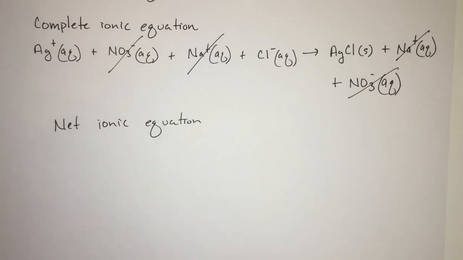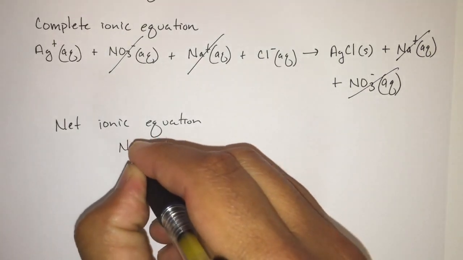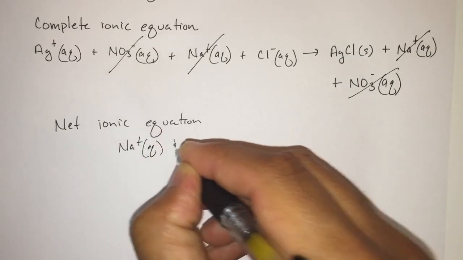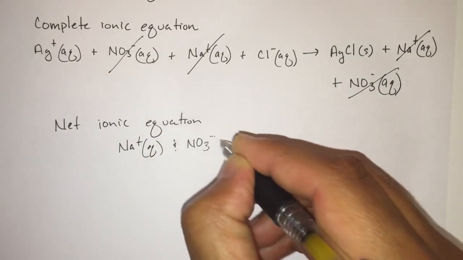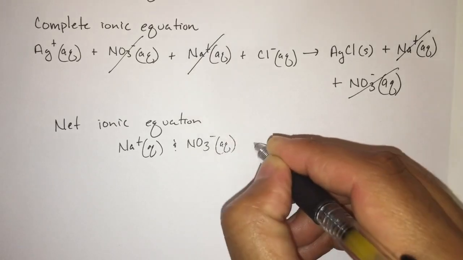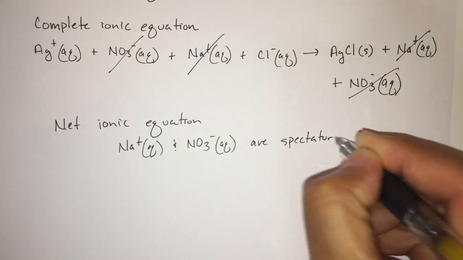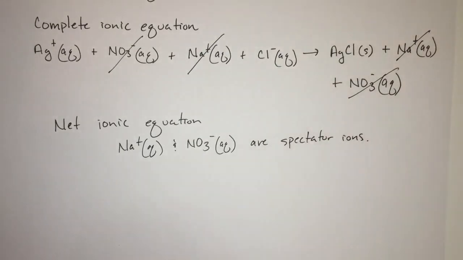So the sodium and the nitrate don't do anything. Those are called spectator ions. Spectator ions because they don't do anything.